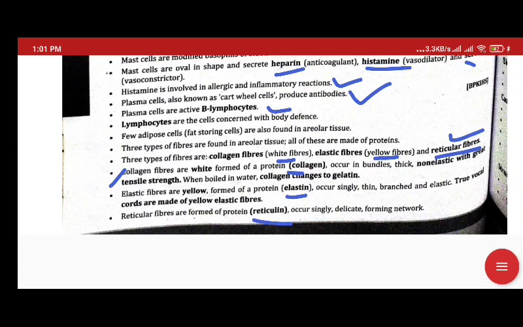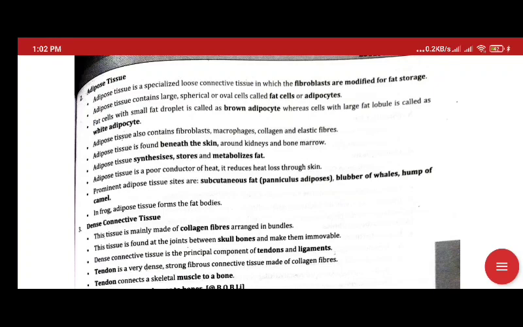So the other is adipose tissue. In adipose tissue, fibroblasts of the three types are modified for fat storage. And in adipose tissue we have a fat cell, that is called adipocyte.